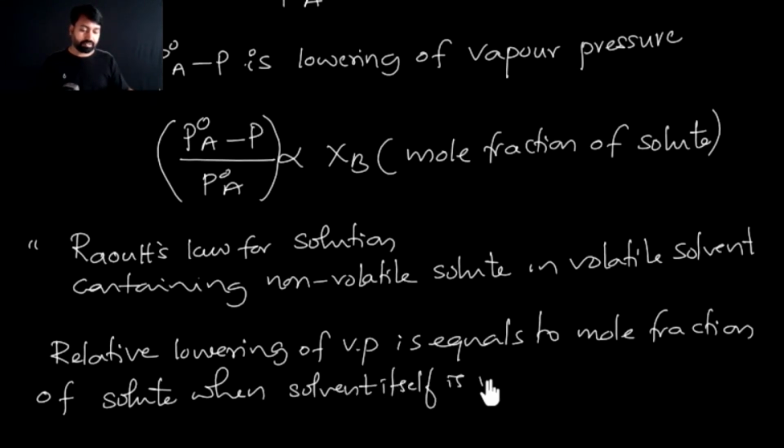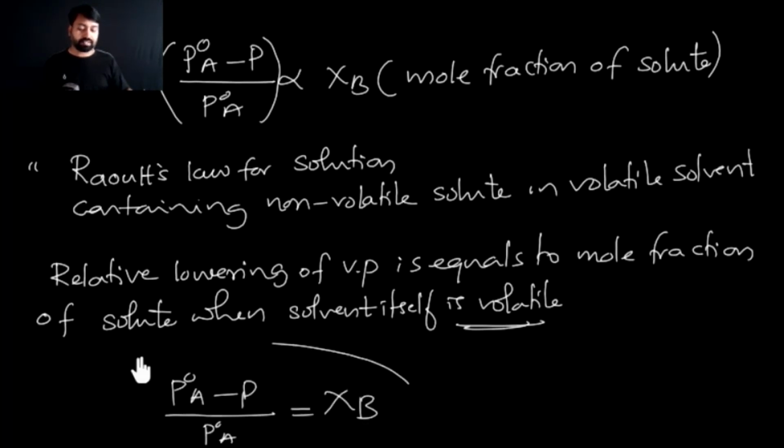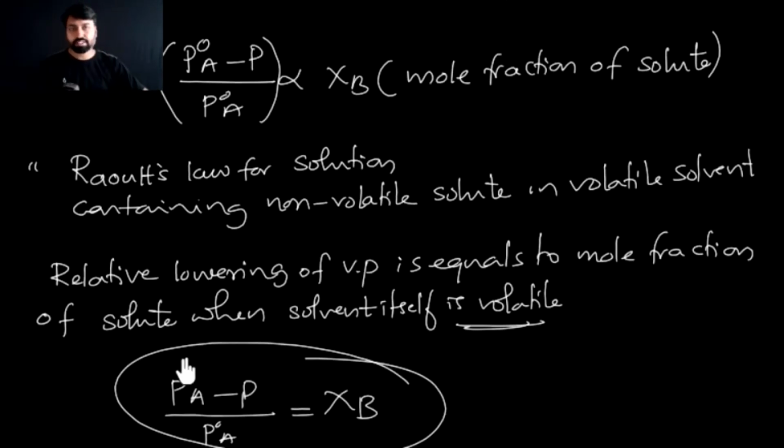This is the equation, students. The only thing you have to remember is this equation: P naught A minus P divided by P naught A equals the mole fraction of solute. Hope that you understood this concept. Then thank you for watching this, students.